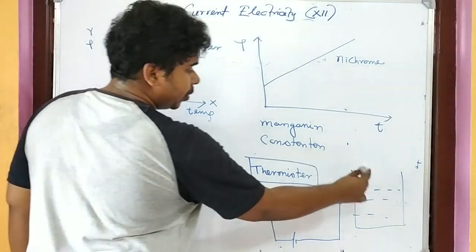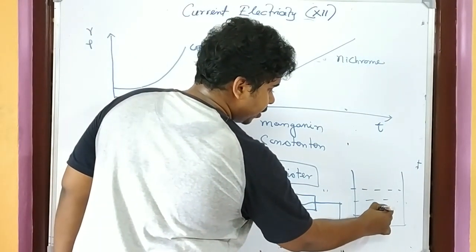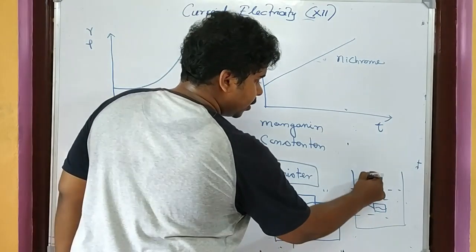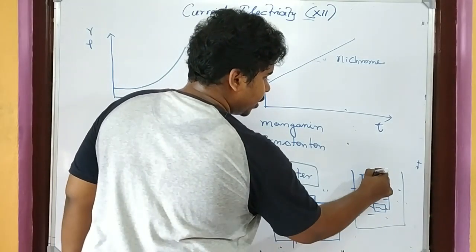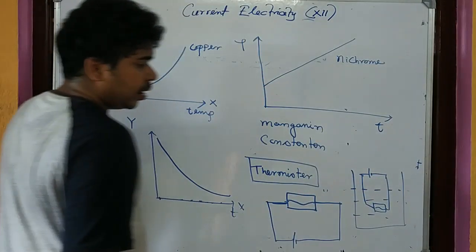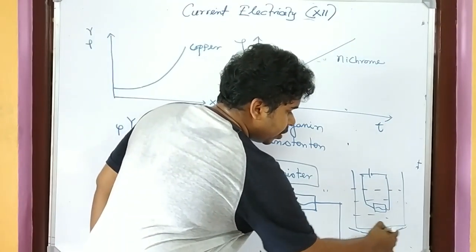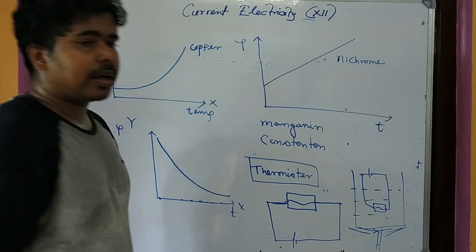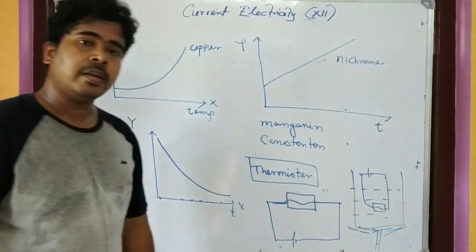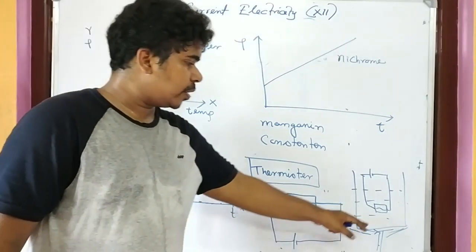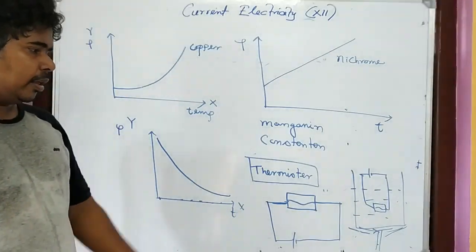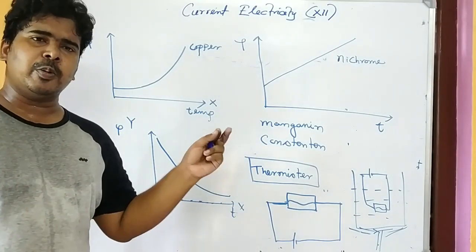So we keep this setup like this, and there is a connection made. As we give heat to the water bath, the temperature of the water increases. As the temperature increases, definitely the resistivity of the semiconductor will decrease.